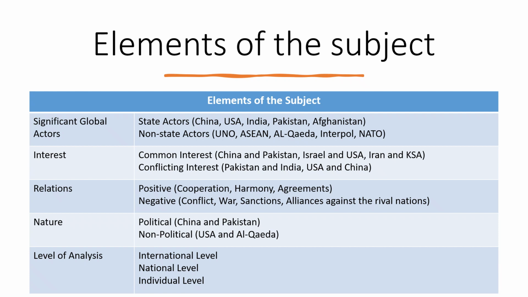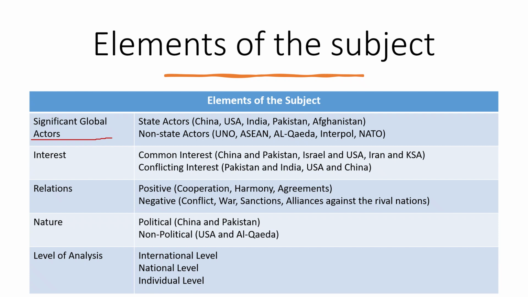And we should explain these different difficult terms to make a better understanding of the definition. First of all, I'm going to explain what are the significant global actors. Here, we know that in IR we study the relation among these significant global actors. So what are these global actors?